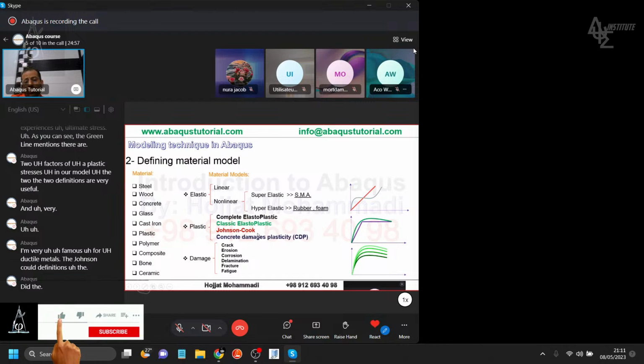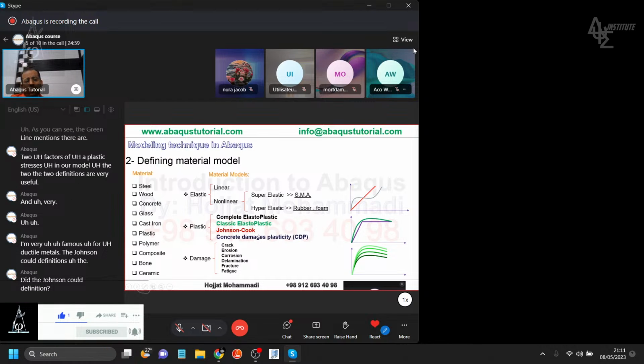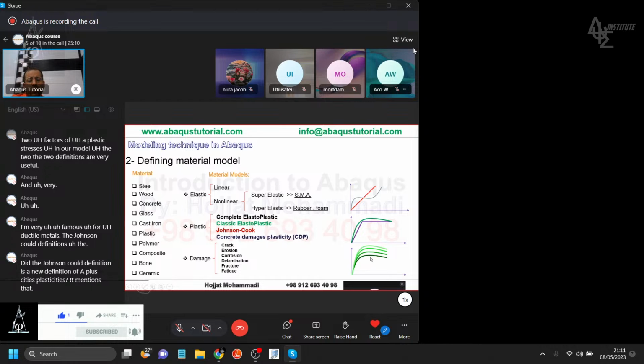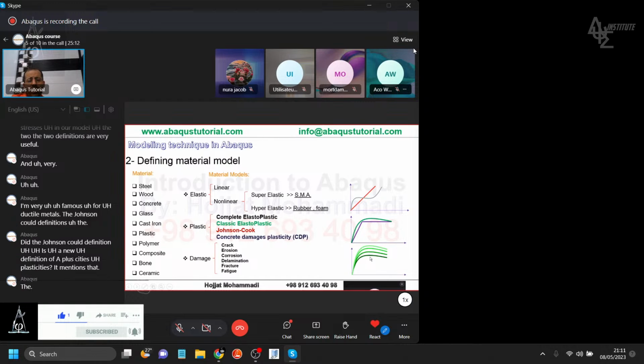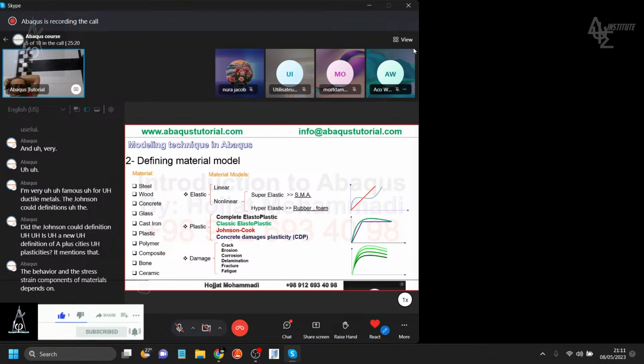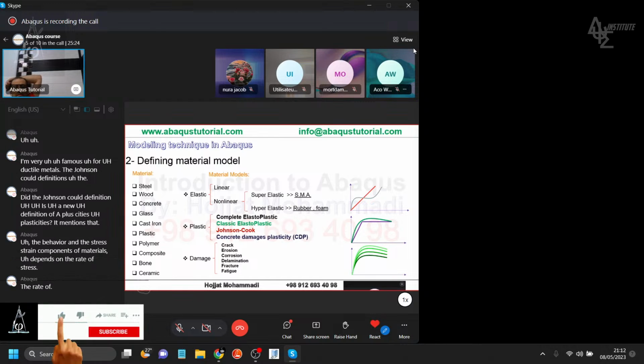The Johnson-Cook definition is a new definition of plasticities. It mentions that the behavior and the stress-strain components of materials depend on the rate of stress, the rate of strains.